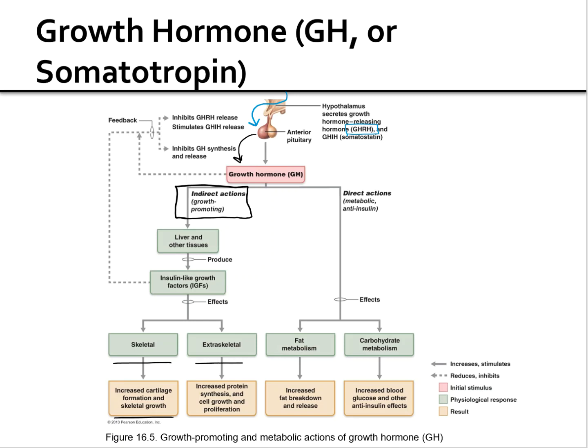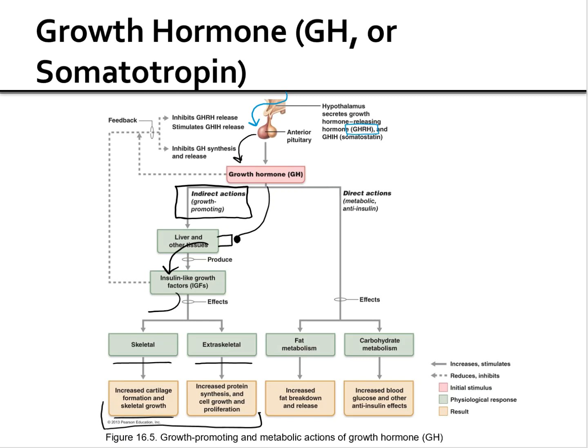However, in order for these two events to occur, these aren't targeted directly by growth hormone. Instead, there's a little receptor on the liver. Growth hormone will come down and bind to the receptor on the liver, and the liver will release another hormone known as insulin growth factor.